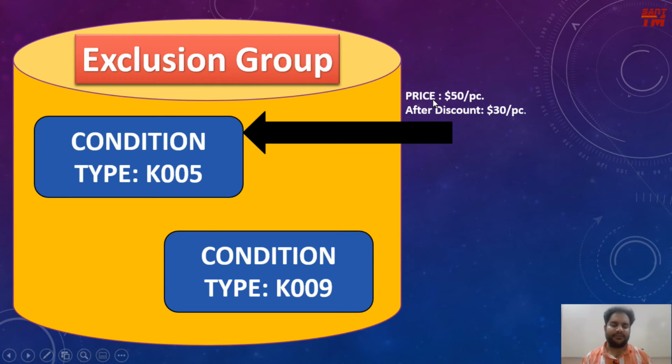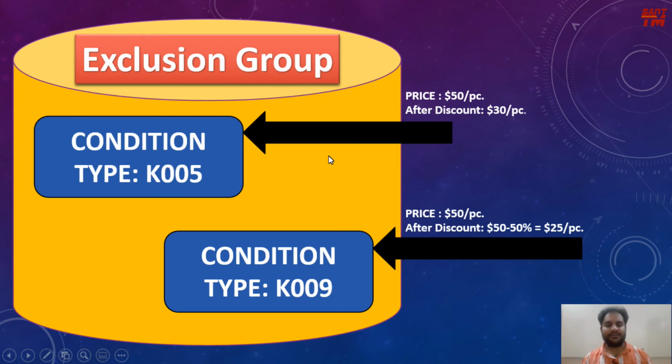Condition type K005 is giving a discount of $20 per piece. How? The original price is $50 per piece, and after discount the price is $30 per piece. So the total discount given by this condition type is $20 per piece. And condition type K009, where the original price was $50 per piece, is giving 50% off.